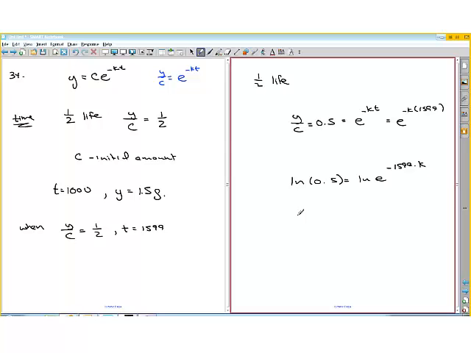Natural log of 0.5 is negative 0.693. Negative 0.693 is equal to negative 1,599 times k. So k is negative 0.693 divided by negative 1,599.